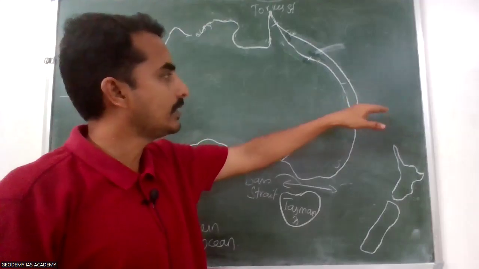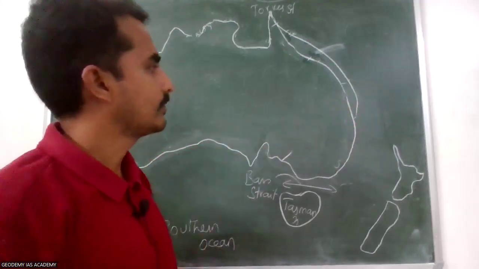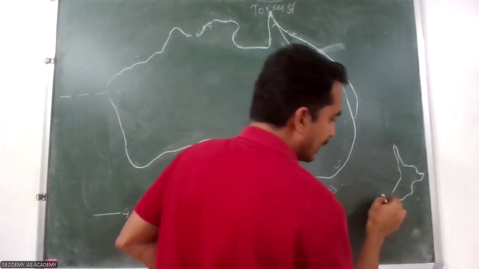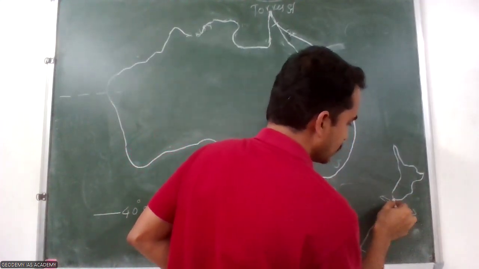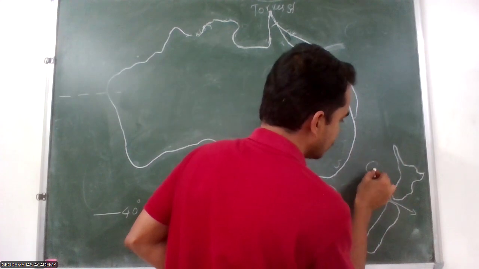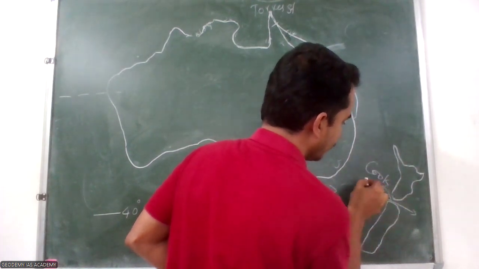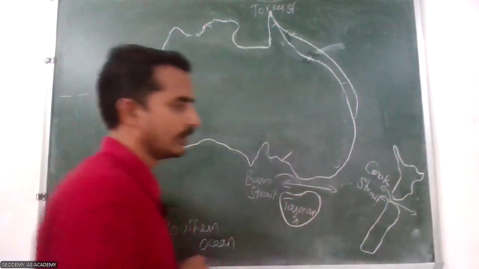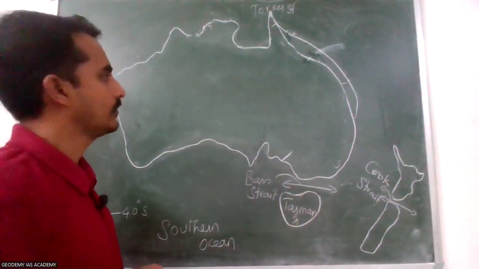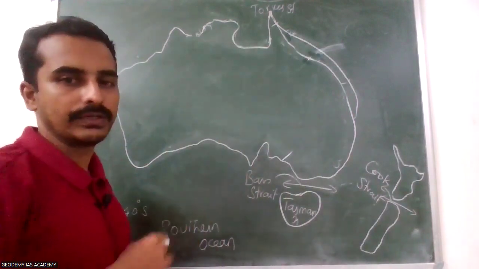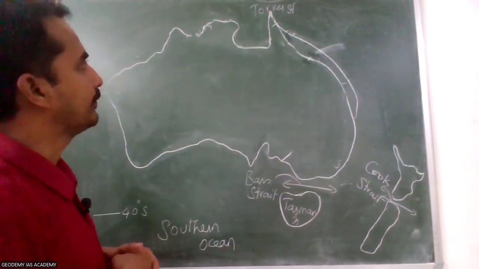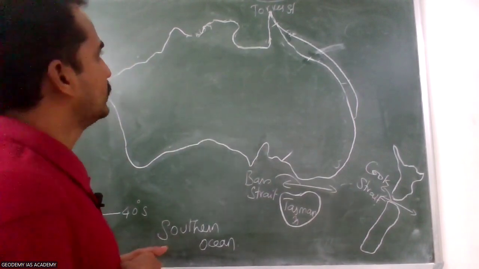A British explorer came to Sydney here. The two New Zealand islands are separated by Cook Strait, named after Captain Cook, the British explorer. So these three straits are important: Bass Strait, Cook Strait, and Torres Strait.